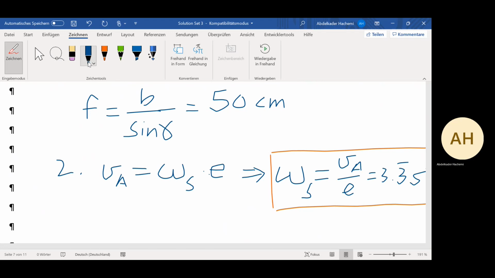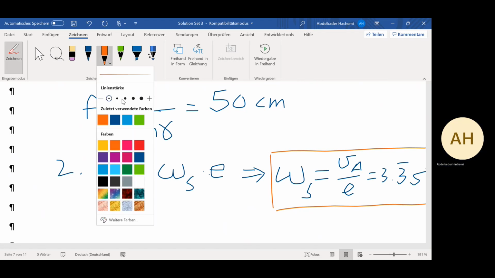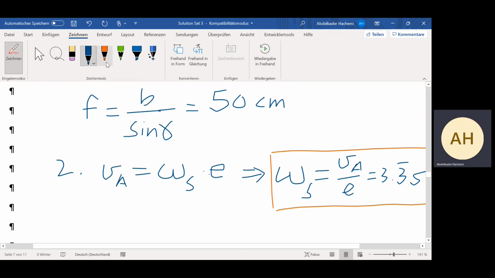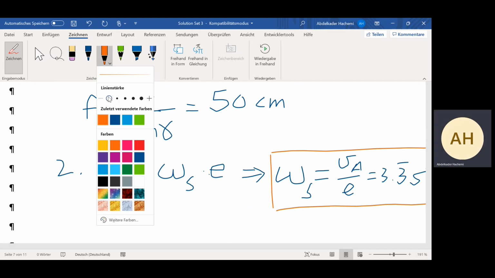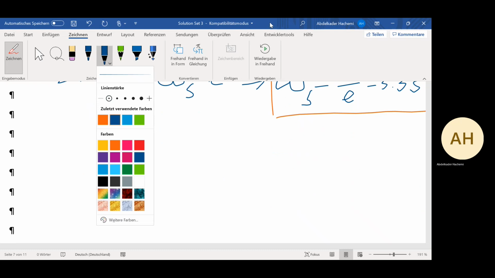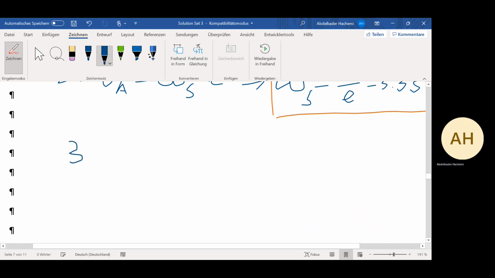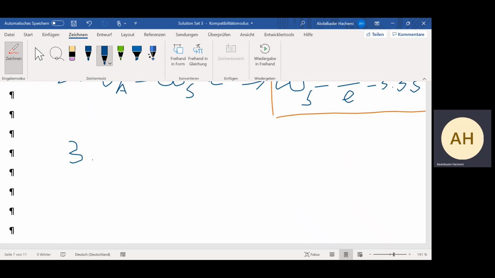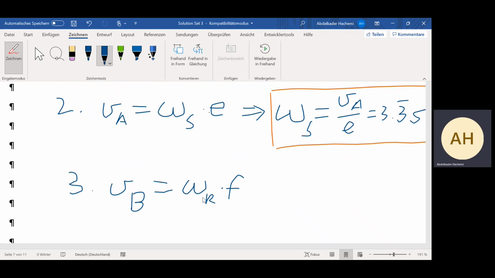Now for the third question, to get the angular velocity of the gear, we have here VB, the same principle, equal to omega r multiplied by f. Omega r is only the angular velocity of the gear.